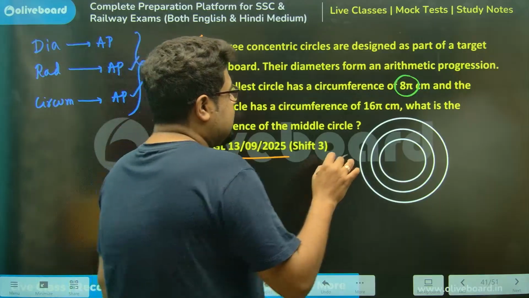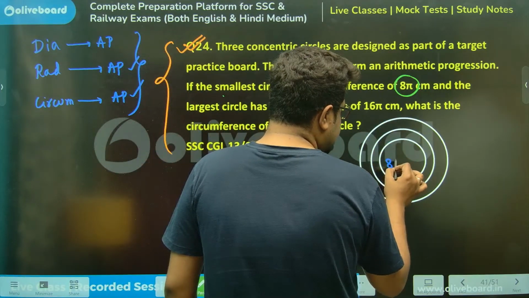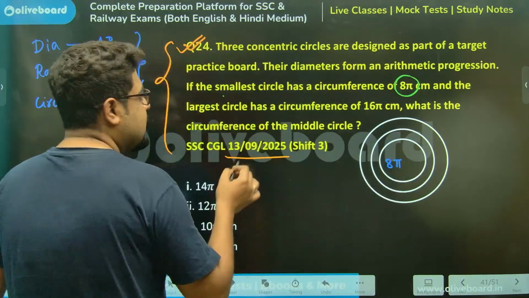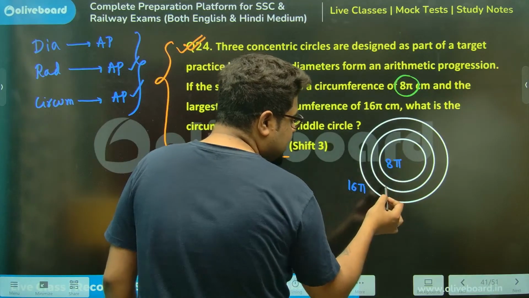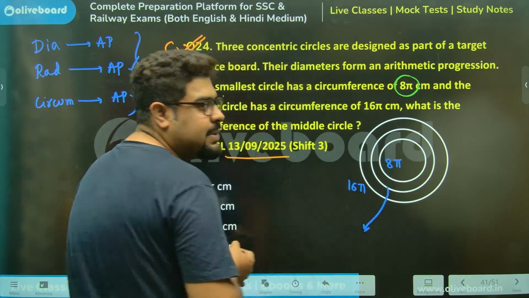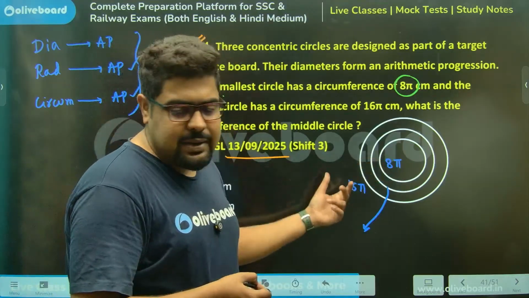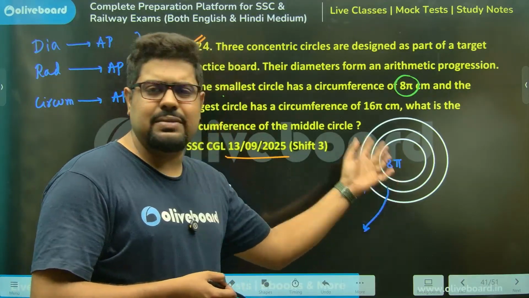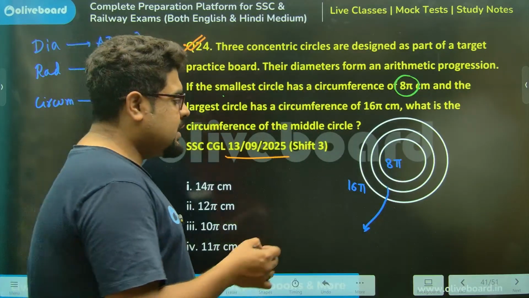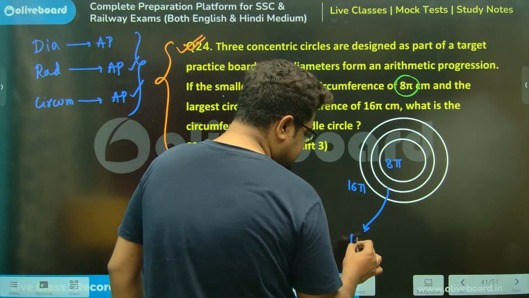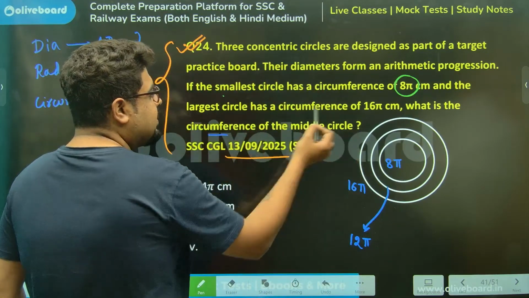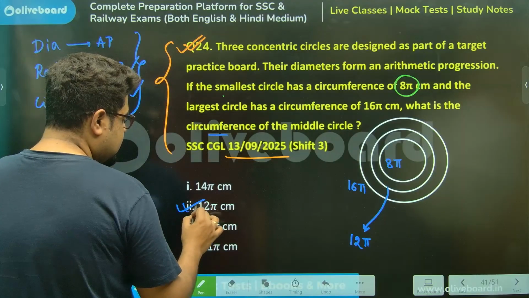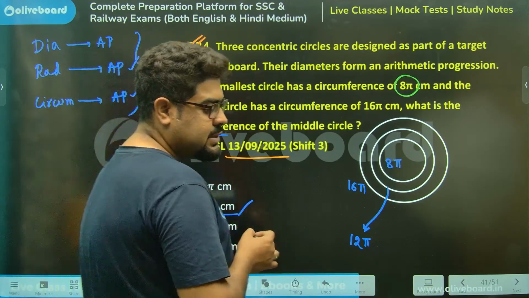Now, the smallest one, circumference 8 pi. The largest one, the circumference is 16 pi. So middle one circumference, can anyone tell me? Sir, it will be the arithmetic mean, or simply the average. So this will be nothing but 12 pi, sir. They are asking circumference of the middle circle.